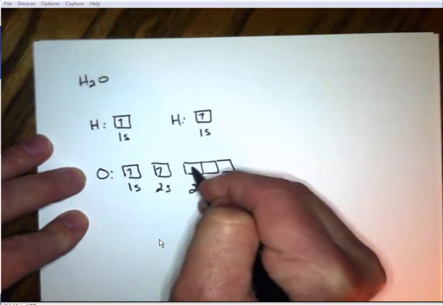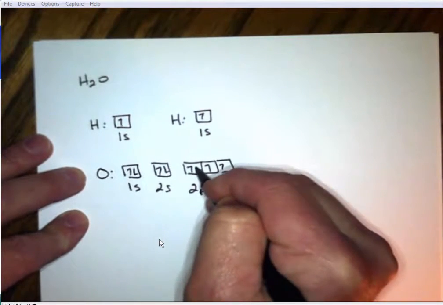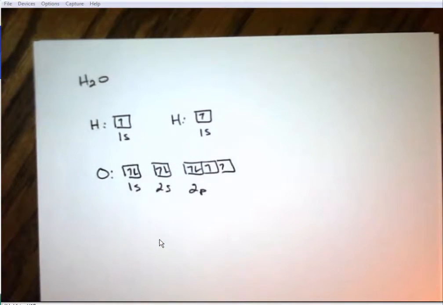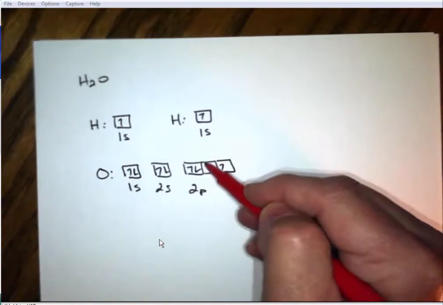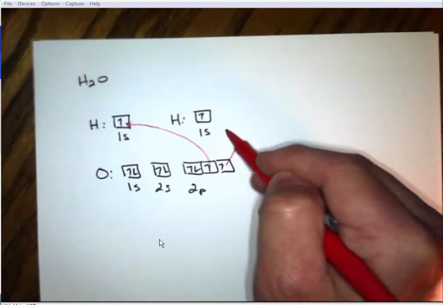We did this already when we were doing the ionic formulas for aluminum and oxygen. But instead of one giving up an electron and the other gaining one, they're going to share electrons. So we're going to share this electron with this one and this electron here.